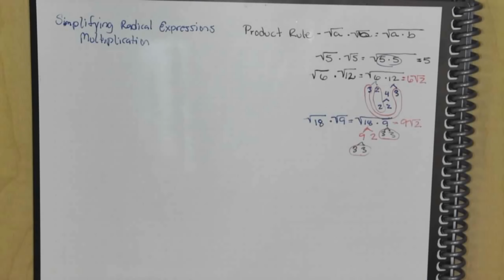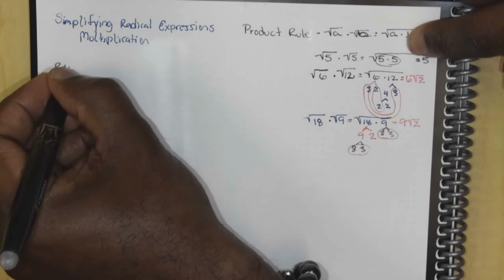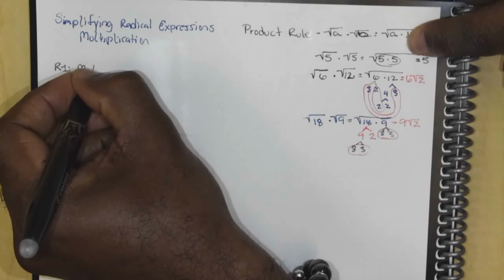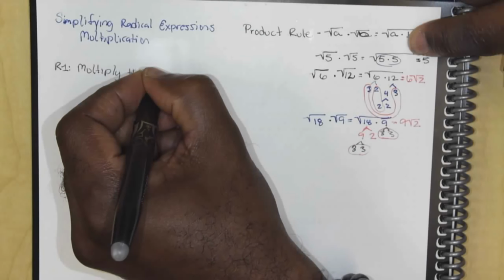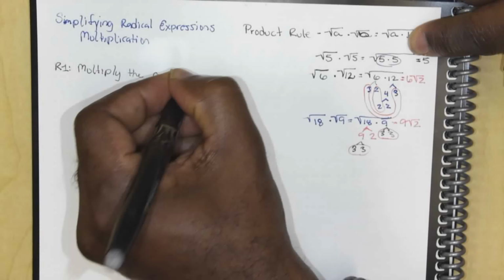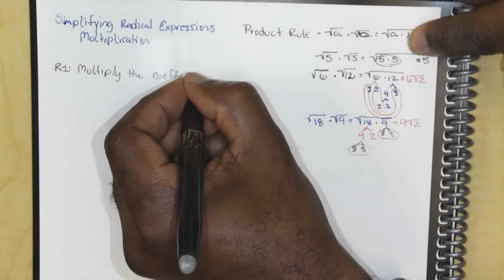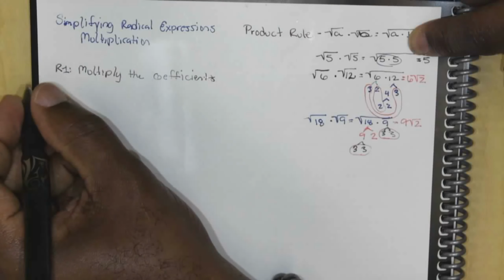All right? So when you are simplifying radical expressions, let me give you some rules for it. In multiplication, we have the product rule. Rule 1 says to multiply the coefficients.